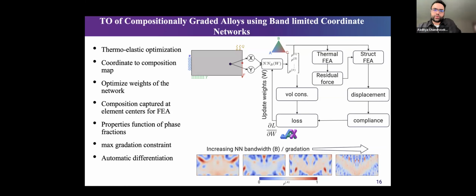So to answer the question, we do have, at the end of the day, a density-based representation, but nevertheless, the parameterization is something different, where we use the weights of the network.